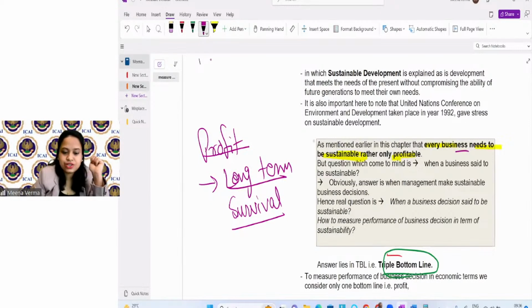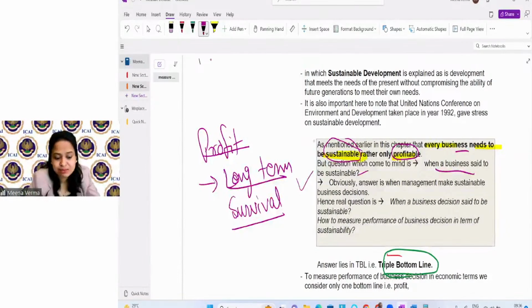Every organization needs not just to earn profitability. The organization should work on sustainability. Sustainability means long-term survival is equally important, right? So when can you say that the business is long-term surviving? When the management makes sustainable business decisions.